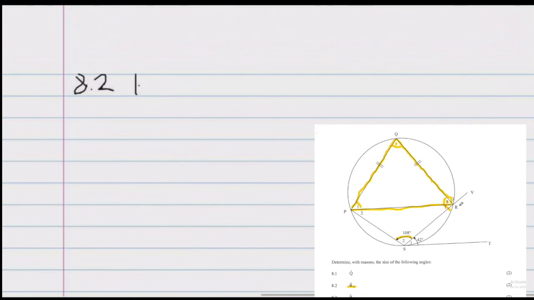So it means that angle P1 plus angle Q plus angle R2 would equal 180 degrees.